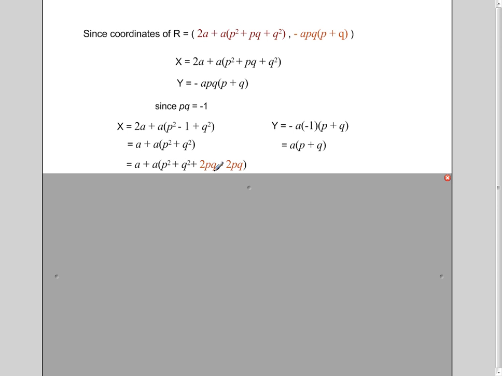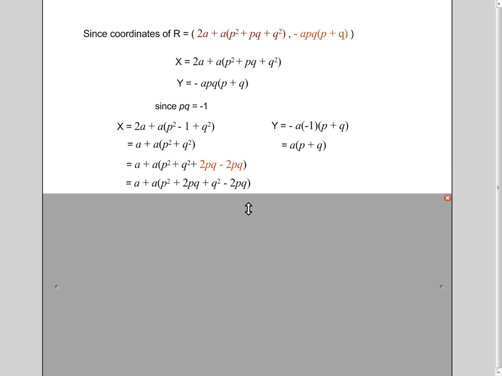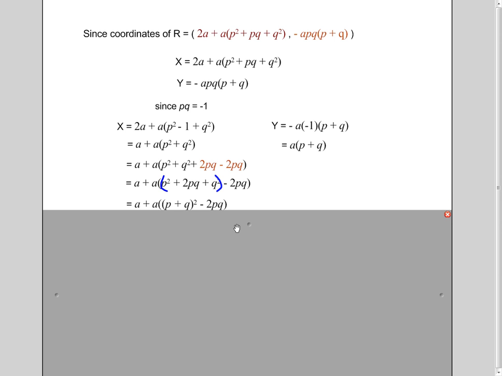If I add 2pq minus 2pq, I'm actually trying to complete the square for p and q. Rearrange it. 2pq goes there. Minus 2pq is there. So no change in terms of equations. These are all the same. And I notice this is a complete square. And I can substitute that as p plus q.